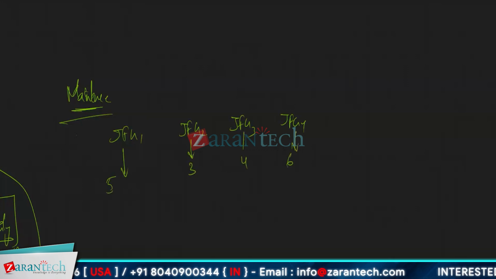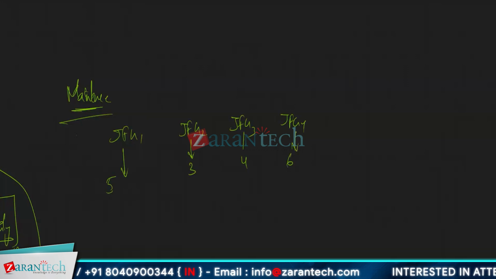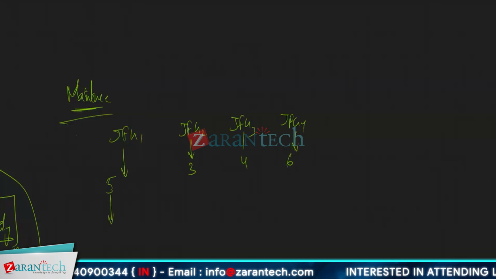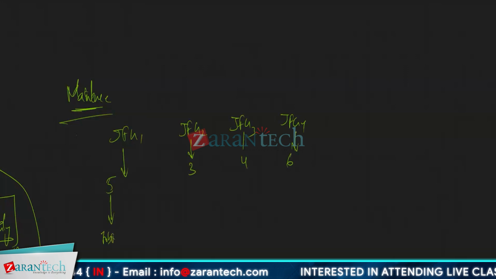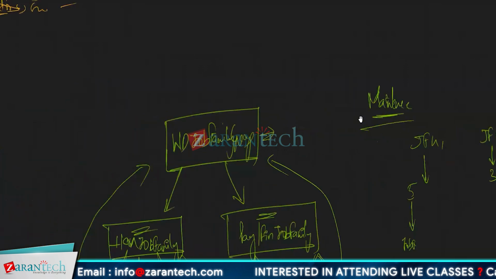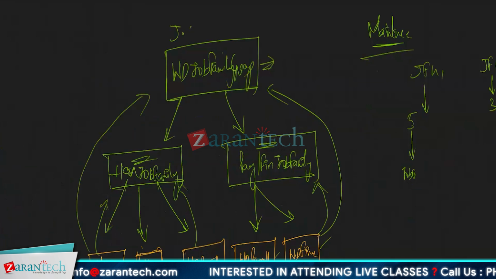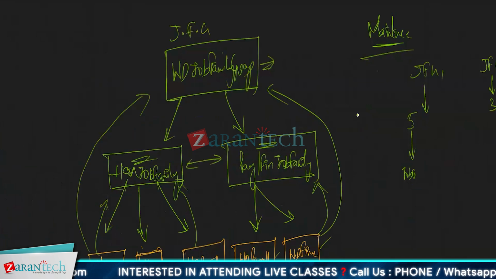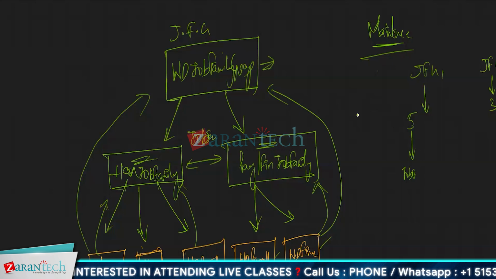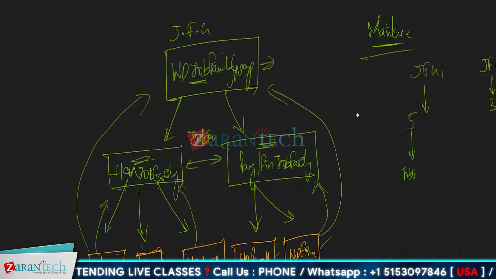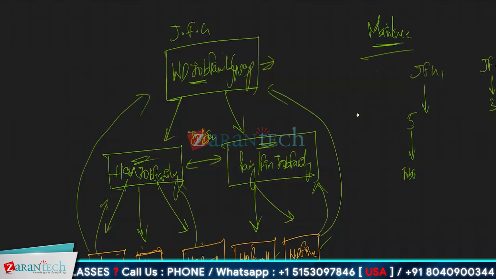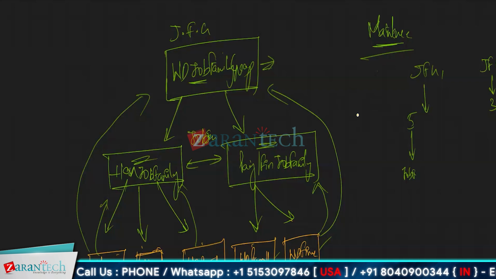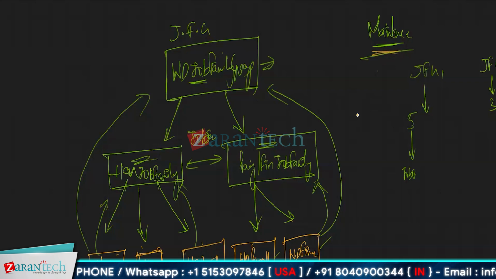So these are the different job families in each of these job family groups, and each of these job families will have their own set of job profiles. So let's say this is a job family group in Workday. These both are job families that are part of this particular job family group, and these are the job profiles in each of these job families in Workday. So this is how the hierarchy goes, and it is for maintenance purposes.